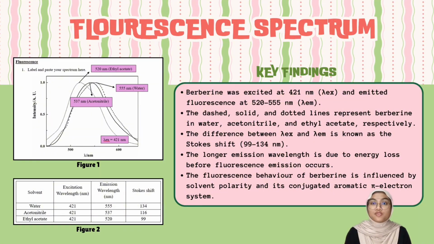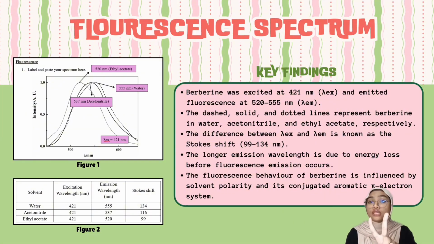In the spectrum, the dashed line represents berberine in water, the solid line represents berberine in acetonitrile, and the dotted line represents berberine in ethyl acetate. The emission maximum was observed at 555 nanometers for water, 537 nanometers for acetonitrile, and 520 nanometers for ethyl acetate.